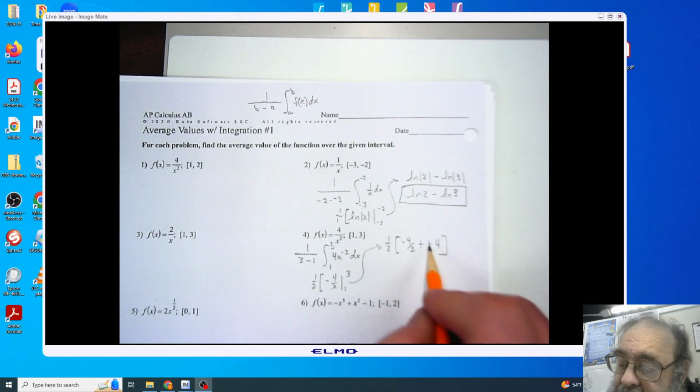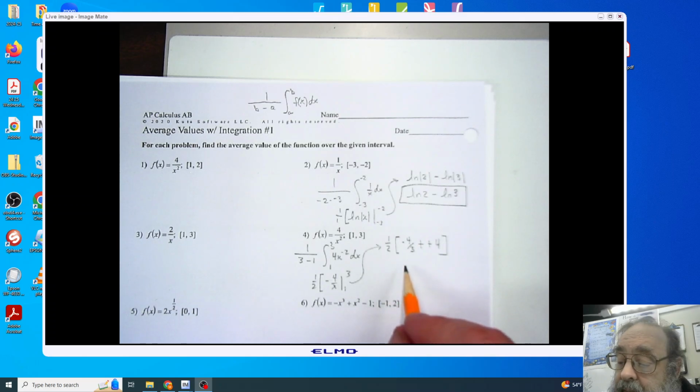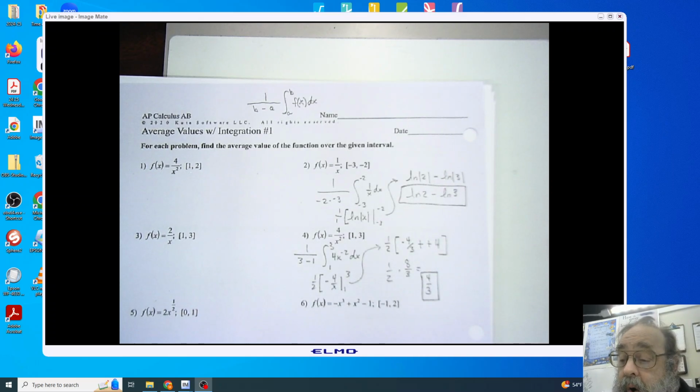The double negative applies, and we are now looking at our value, and we should have 8/3 when we simplify that, and we're multiplying by 1/2, and my answer turns out to be 4/3. That is now the average value of f of x over the given interval 1 to 3.